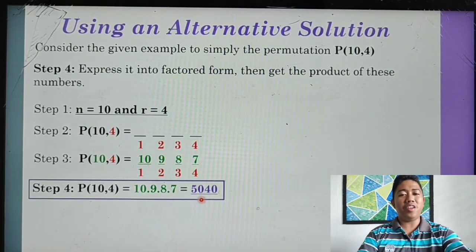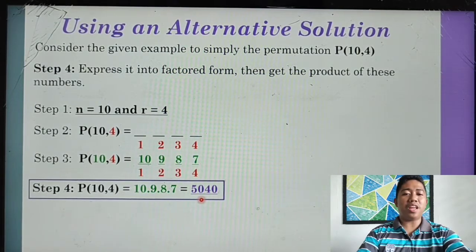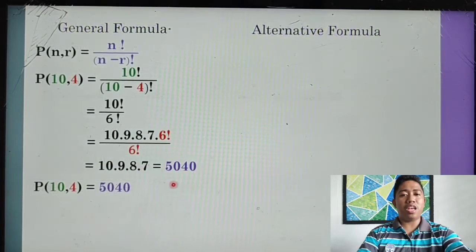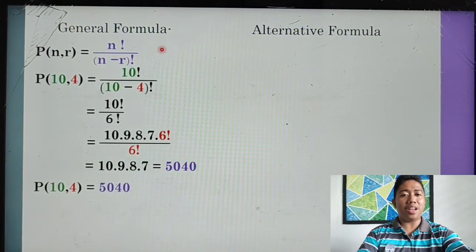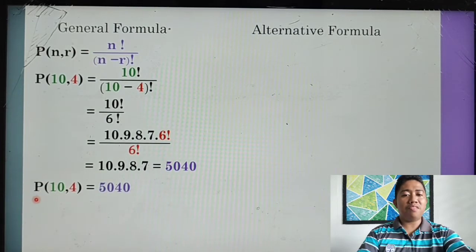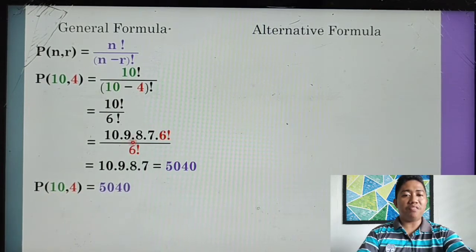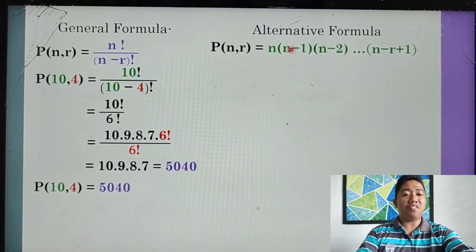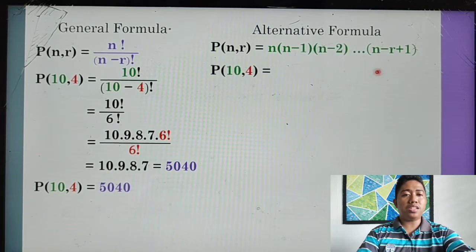Okay, my dear learners, friends, and students, let us compare the previous method, the general formula, with the alternative formula. We know that the value of permutation 10 taken 4 using the general formula is 5,040. Now we will use the alternative formula in the same manner.